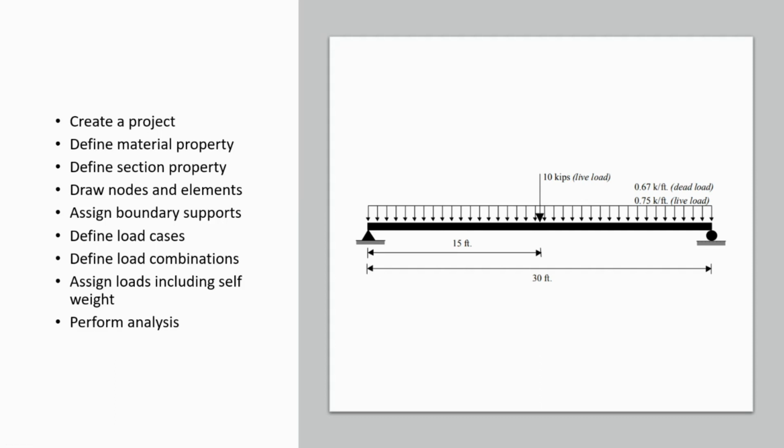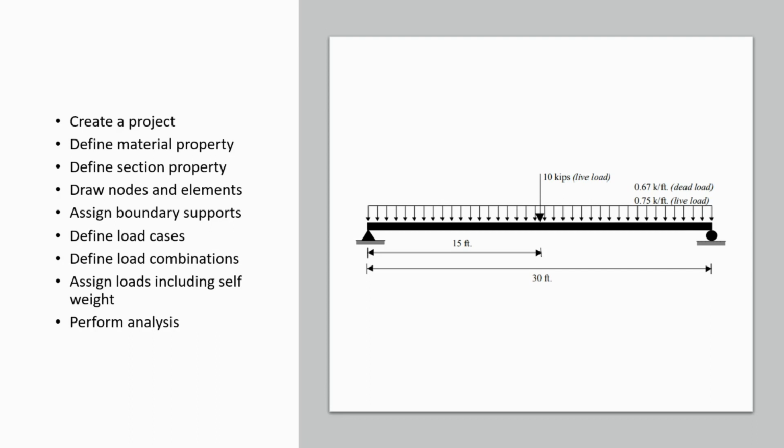So there are 9 steps of doing an analysis of this beam. The first one is to create a project in Midas, and then you'll simply have to define material of the beam and also the section property. We'll draw nodes and then connect them by elements.